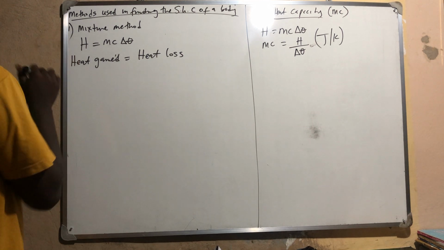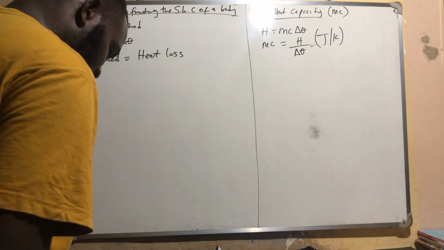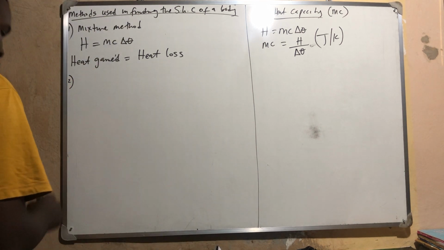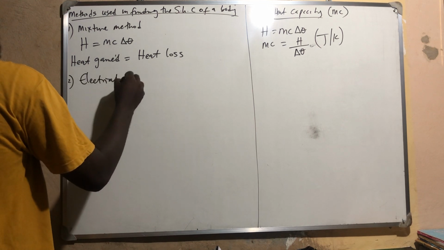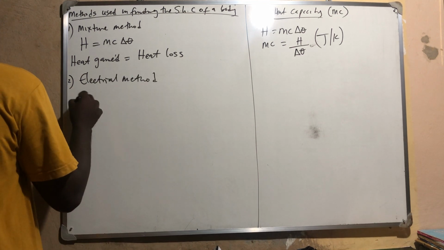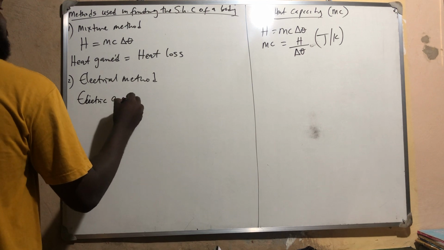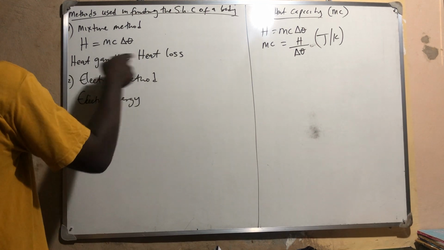Now, number two you need to know is the electrical method. Now, the electrical method shows that electric energy, I will show you what I mean by this particular one.